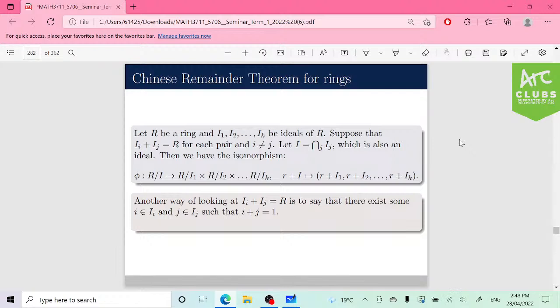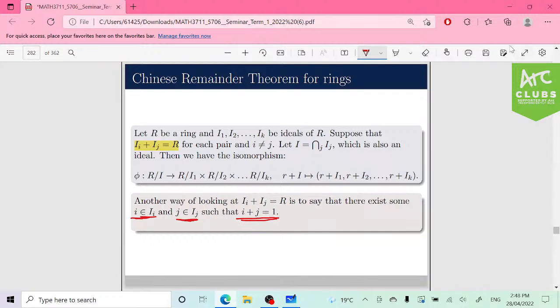Something that might be confusing, and I think it was confusing for me when I first learned this, is what this actually means. Another way of looking at this is to ask: is there an element i in I and an element j in J such that the sum of these add up to 1, which is the multiplicative identity?